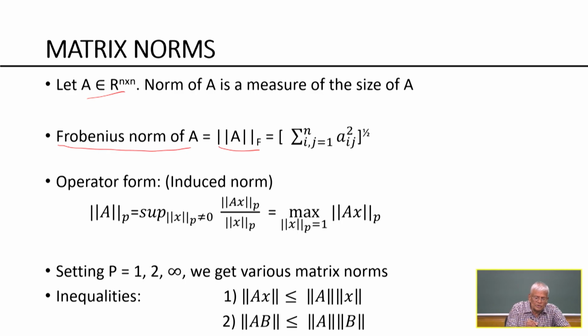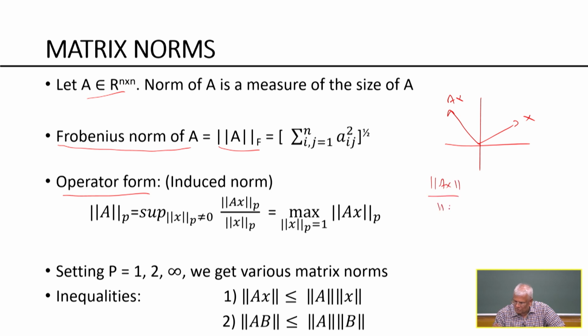Then I can define what's called an operator norm. Frobenius norm, operator norm. This is also called an induced norm. What is the idea? If I have a vector x, if I have a vector Ax, I want to be able to compute the ratio of the norm of Ax divided by the norm of x.